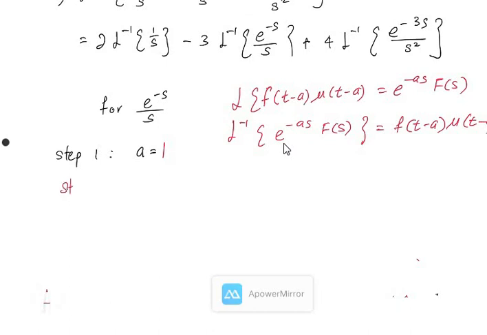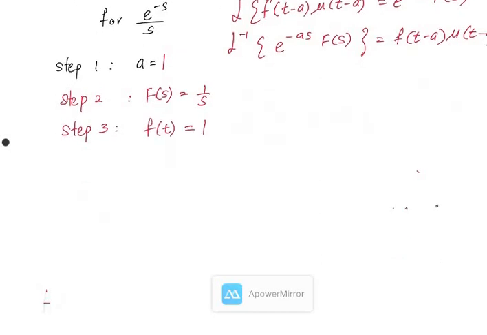Then step 2, F(s) is equal to 1 over s. Next, you want to find f(t). Okay, f(t) from F(s) is equal to 1.